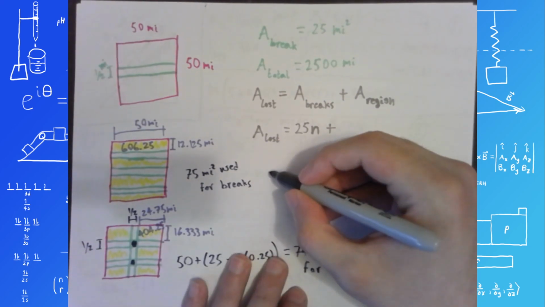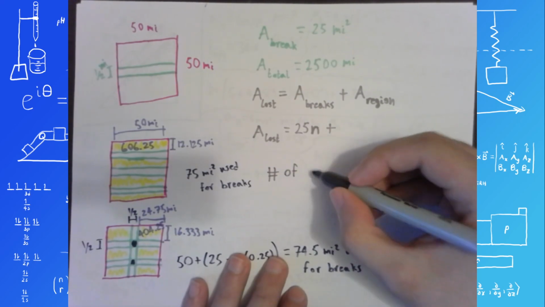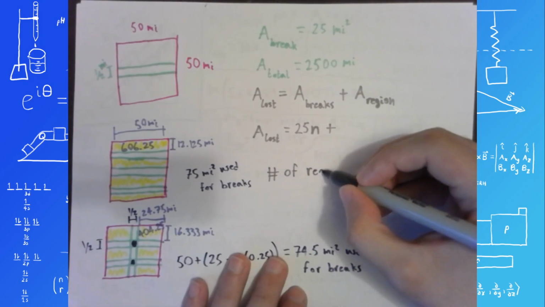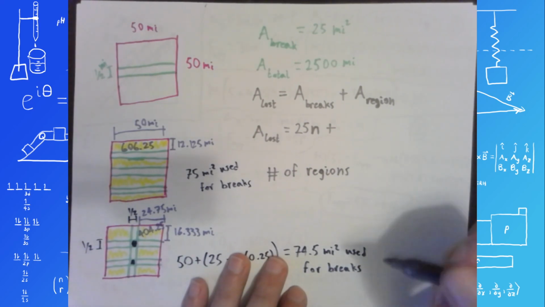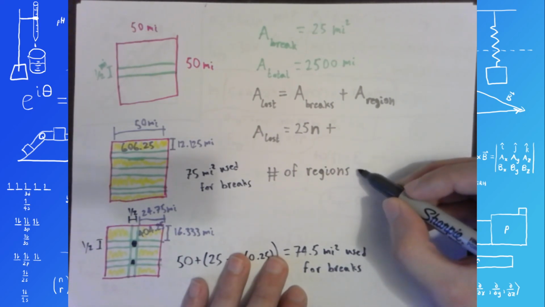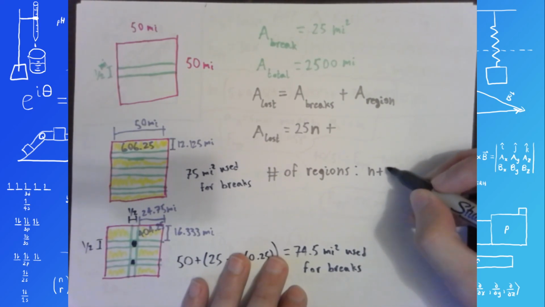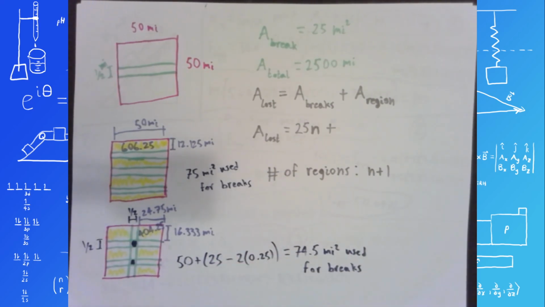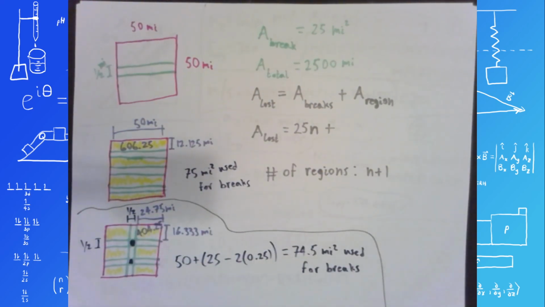Number of usable regions, whether they're used for buildings or farmland or whatever, is equal to n plus 1. Number of fire breaks plus 1, at least in the parallel interpretation. Again, we'll leave this thing alone and mess with it later.